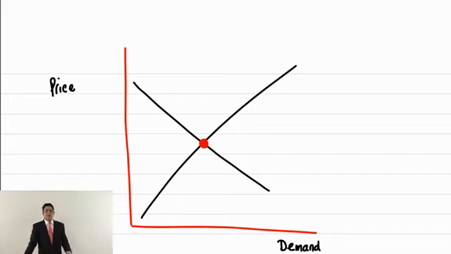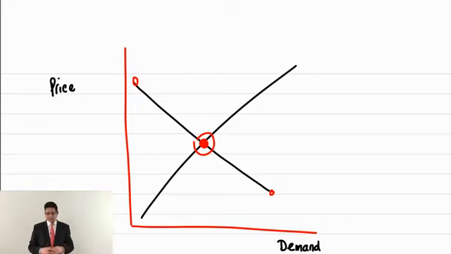A very high price is not good for us, and a very low price is also not good for us. A very high quantity is not suitable, and a very low quantity is not suitable. So some balanced price and quantity combination must be there in order to maximize profitability.